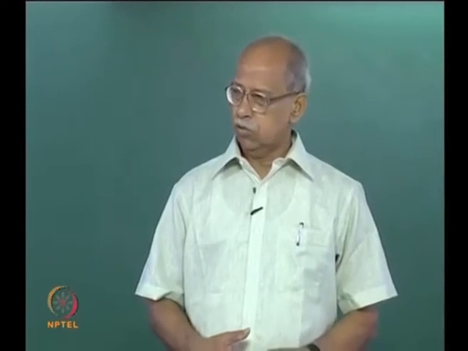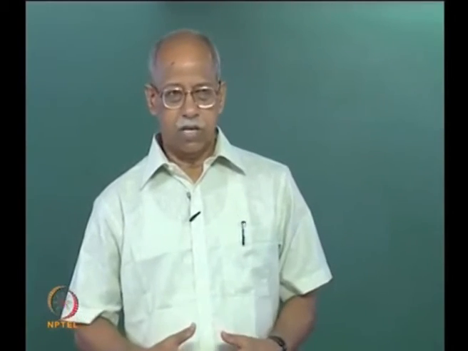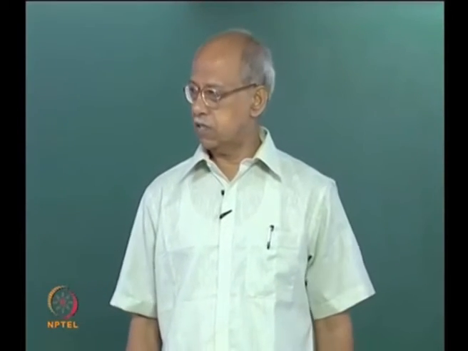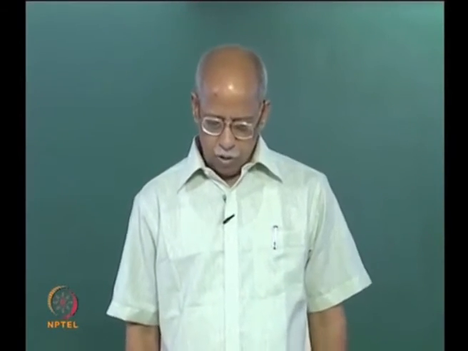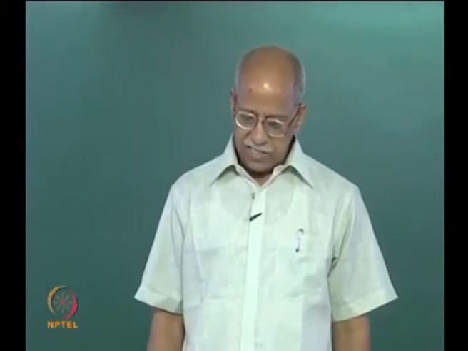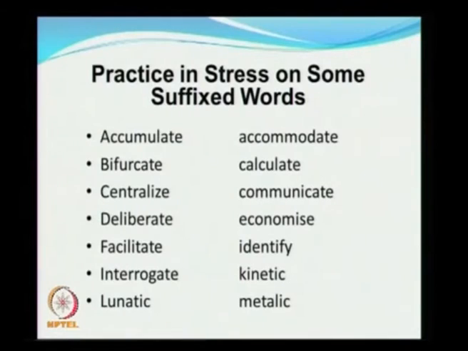Okay. Let us look at some words which have suffixes with regular stress. Say for example, when you have words ending in ATE, okay, what is the first word there? When you have words like this ending in ATE, they always take stress on 2 syllables before ATE. So, what will be 2 syllables before ATE?